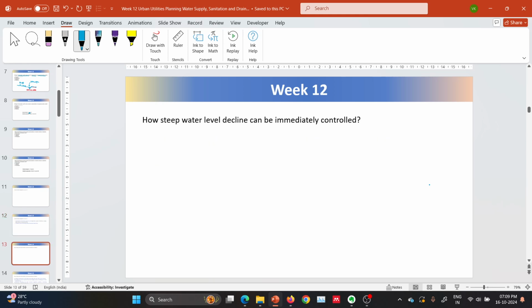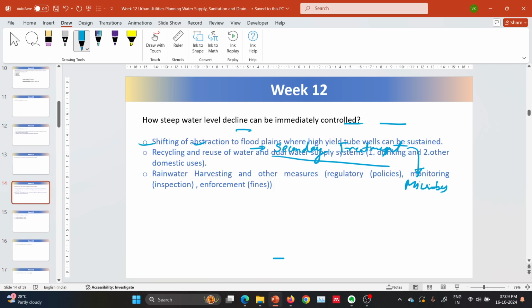How can steep water level decline be immediately controlled? Shifting of abstraction to floodplains where high yield tube wells can be sustained. First thing we can do is recycling and reuse of water. If we recycle and reuse the water, we don't have to abstract water from the groundwater.